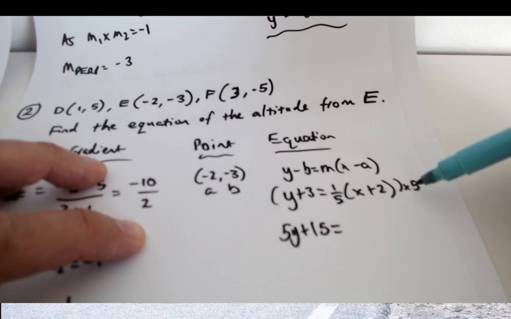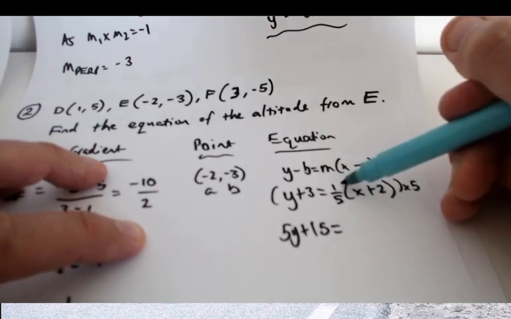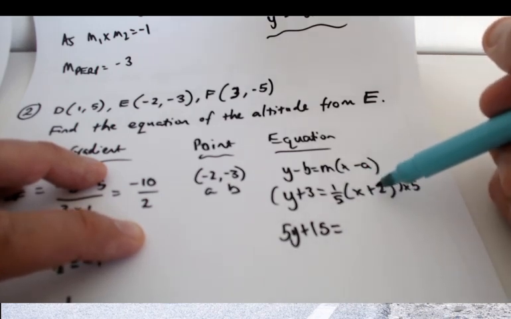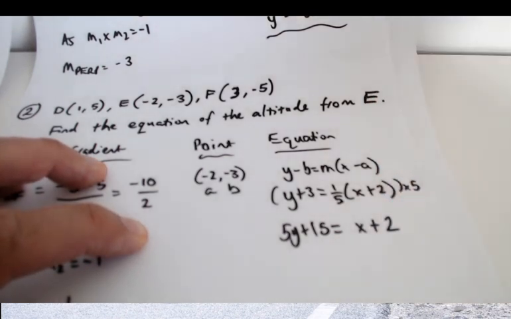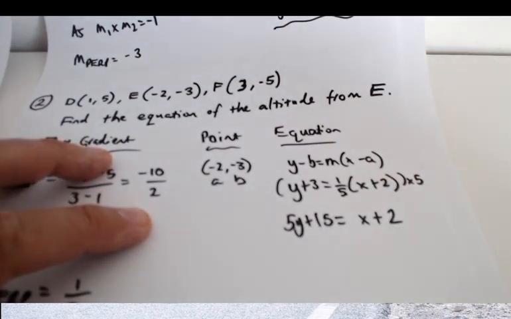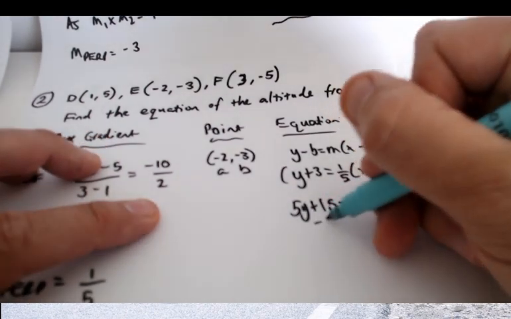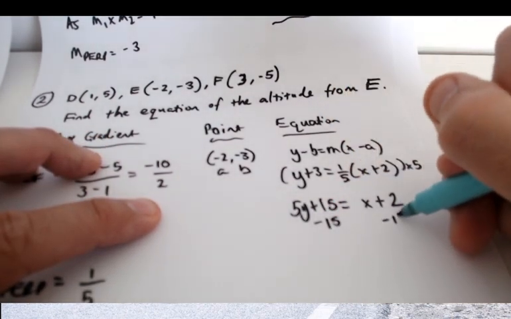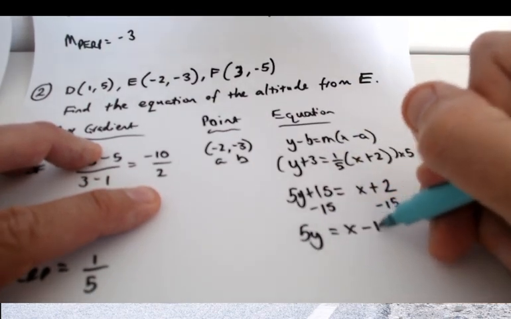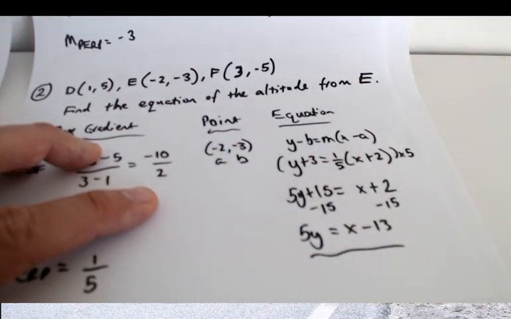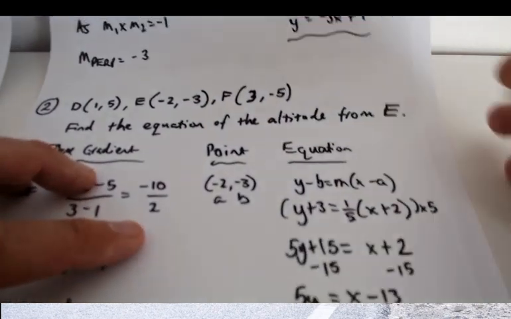The 5 and the 5 will cancel, leaving a 1 on the top. If I multiply this bracket out by 1, it just stays the same. So let's cut out wasting time and go straight there. Take 15 off both sides. 5y will equal x take away 13. Hopefully you're on 2 out of 2.